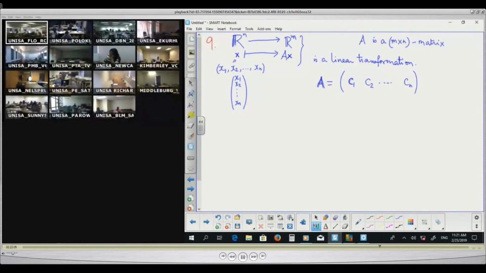Each one of C1, C2, Cn comes from Rm, because it has m rows. Now what is Ax?